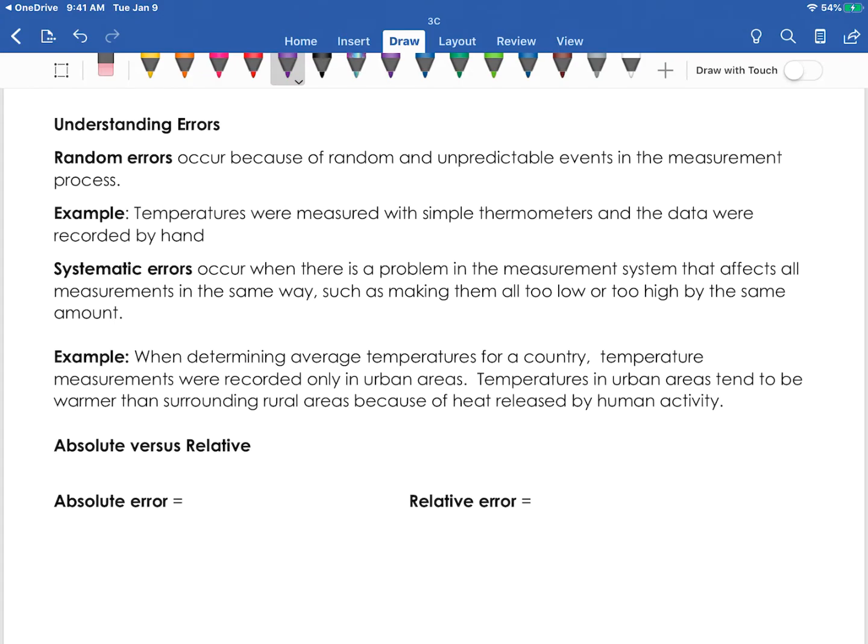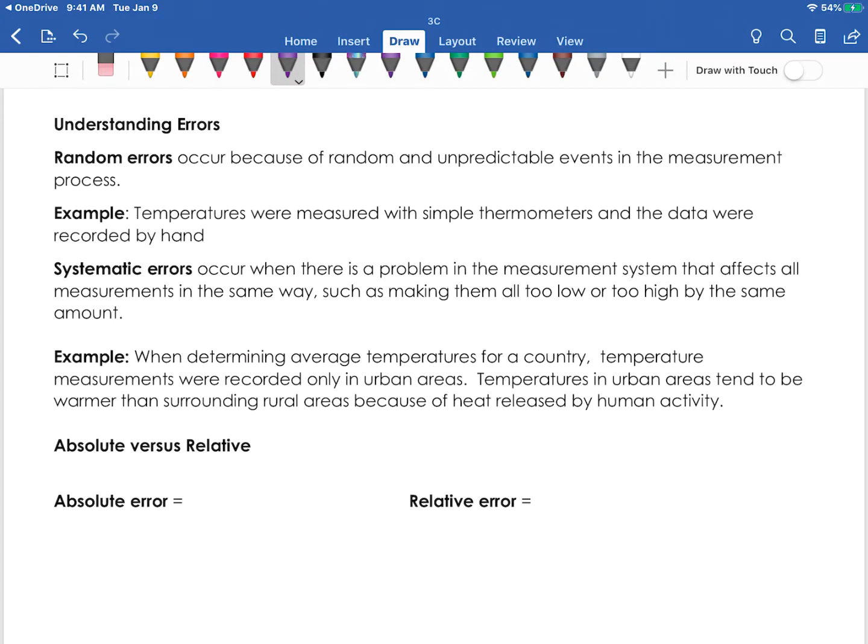The example that I have here in the notes is if you want to make an average estimate of a country's temperature, and these scientists go out and only measure temperatures in the city, they're systematically going to be higher, all of those temperatures, because in the city you're going to have more body heat, more activity, and all that stuff that's going to make the temperature in the city go higher.